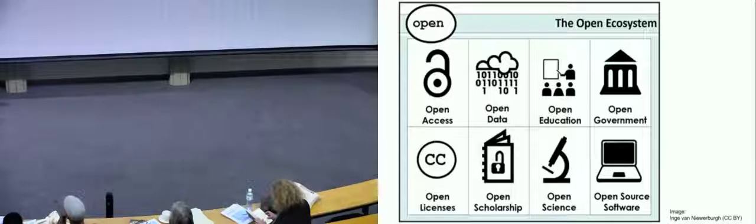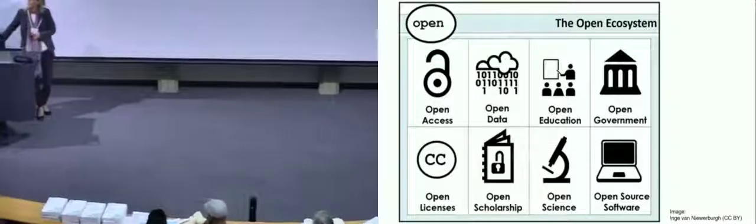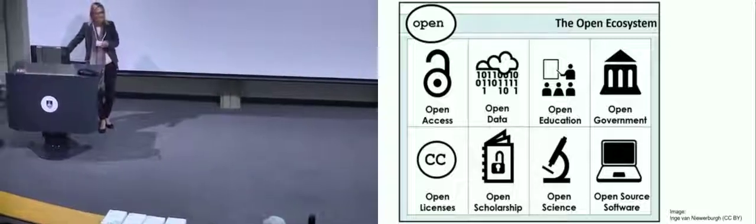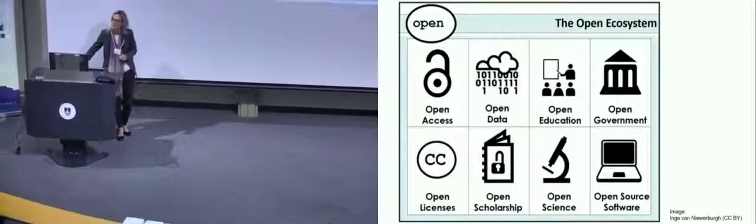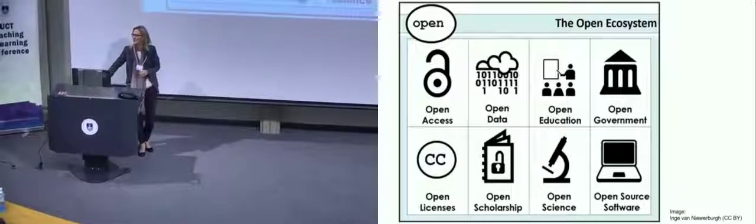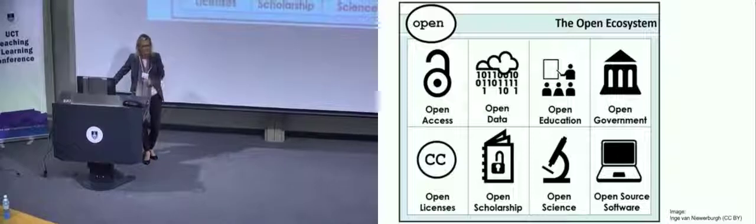In the bottom corner, we have open source software, who really pioneered this whole open ecosystem. And in this corner over here are the Creative Commons licenses. So the Creative Commons licenses have been the key enabler for academics, for people to share their data, share their software. And I'll explain why now.